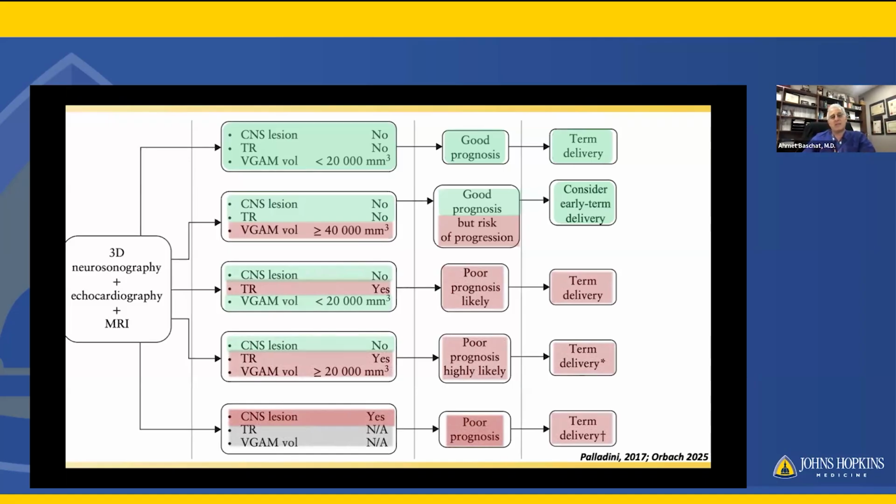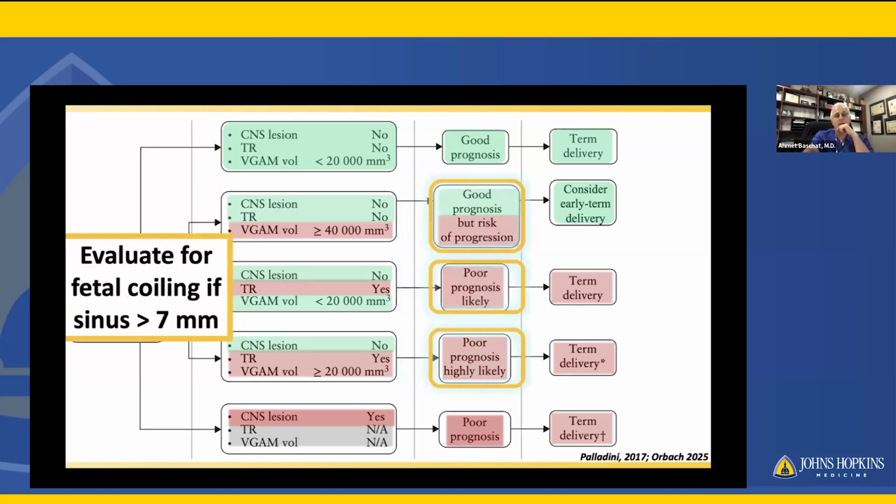And this data, or this kind of algorithm, comes from the Paladini group, where poor outcome was also classified as the group of patients that shows termination of pregnancy. And obviously there's the palliative care path in this setting as well.